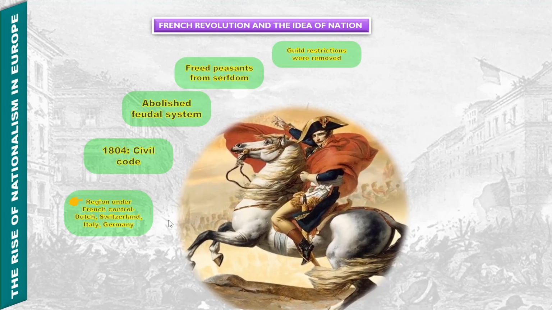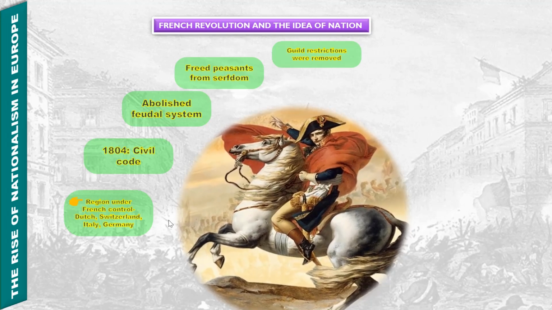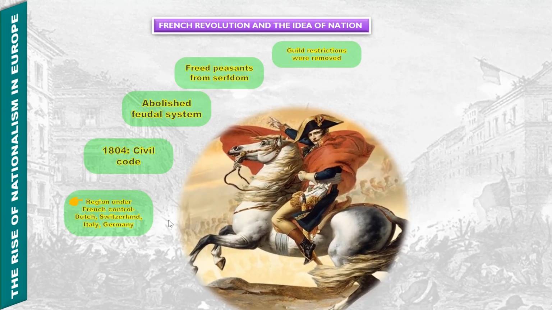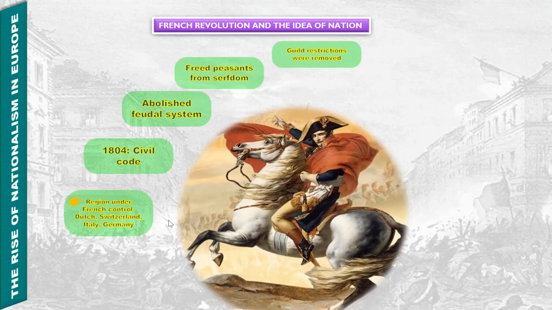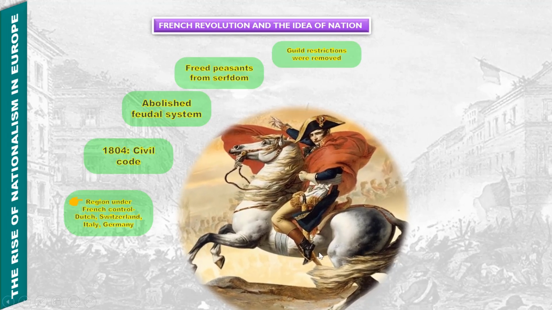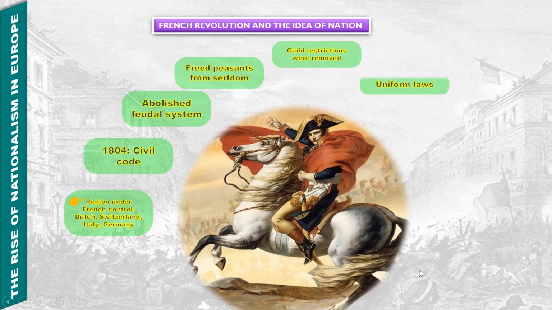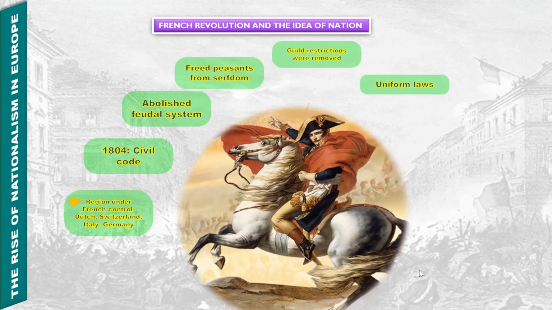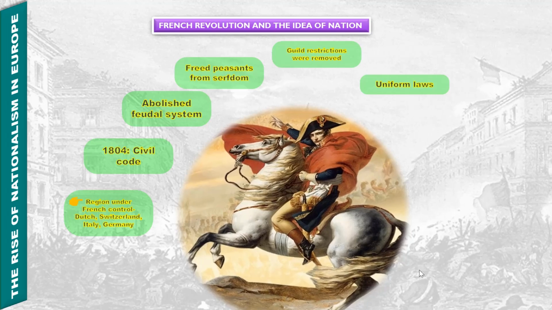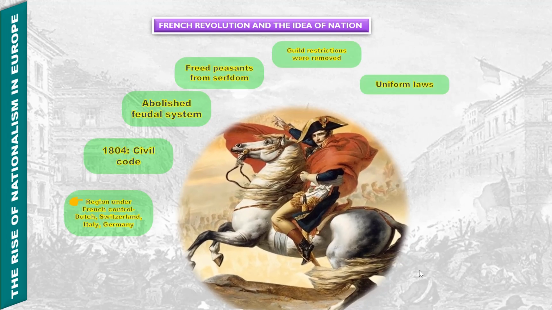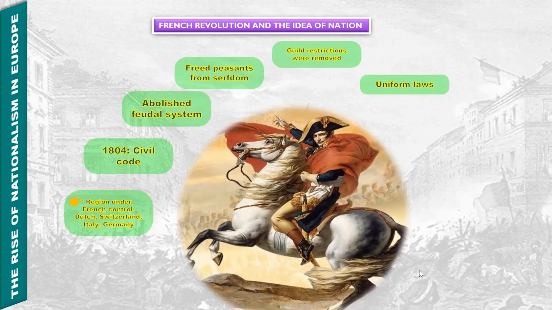Napoleon simplified administrative divisions, abolished the feudal system, and freed peasants from serfdom and manorial dues. In the towns, too, guild restrictions were removed, and transport and communication systems were improved. Peasants, artisans, workers, and new businessmen enjoyed a newfound freedom.